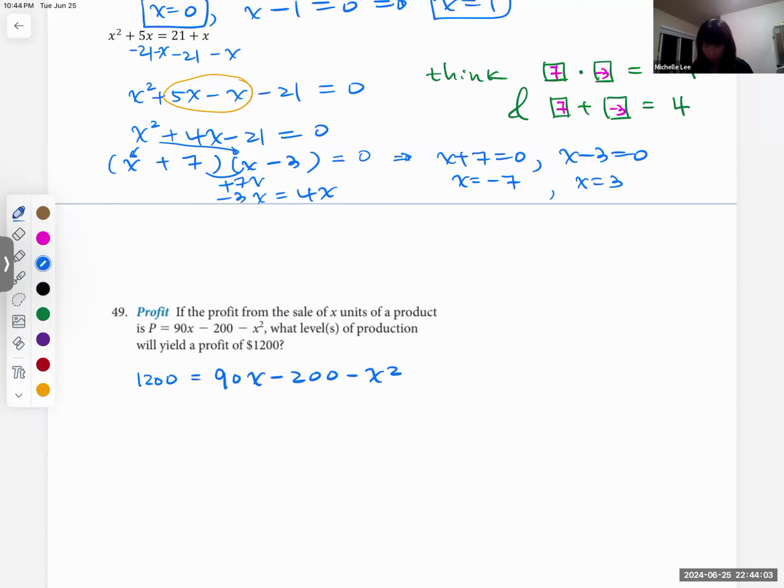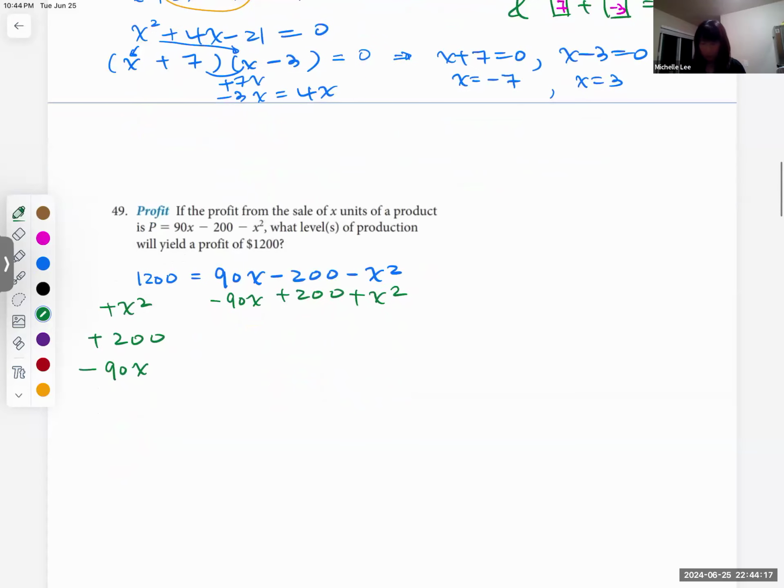That would be positive x squared, positive 200, and negative 90x. So we have x squared minus 90x plus 1400 equals 0, right?